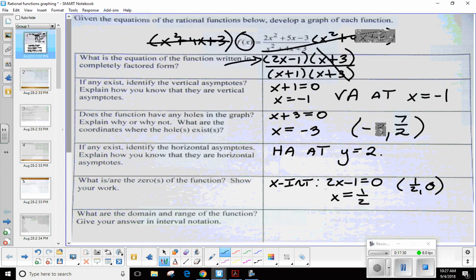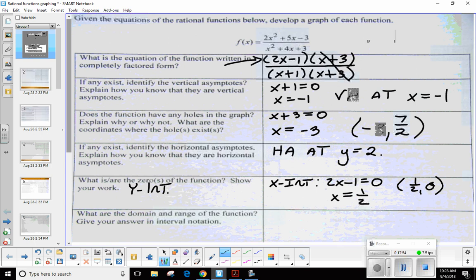There you go. Let's talk about the y-intercept. Now, there is a shortcut here, but think about this. Any value you take on the y-axis, what is x always going to be? X is always going to be 0, right? So there's a couple of ways you could do this. Y-intercept. Okay, so let me go back over here.